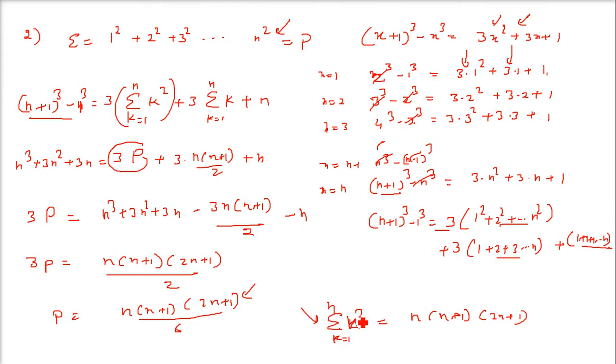So this is the sum of the squares of the first n natural numbers. Similarly, I'll not prove it, but I'll just tell you that the sum of the cubes of the first n natural numbers, that is 1 cube plus 2 cube plus 3 cube up to n cube, equals n plus 1 by 2 whole square.